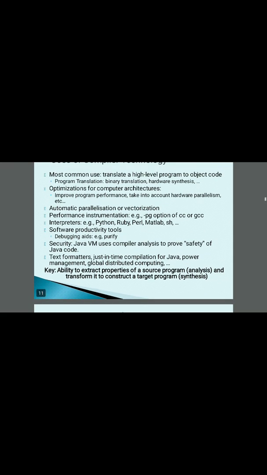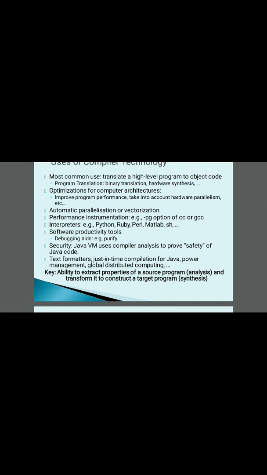Then security is another point. Normally in C programming you do not provide much security, but when you go with object oriented programming languages, you give more importance to the safety of your code also. Data and code. Like that, it is also written text formatters, just in time compilation for Java, power management, global.